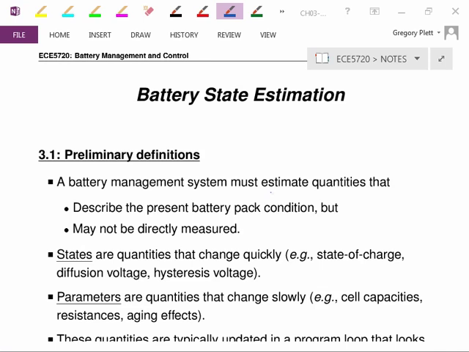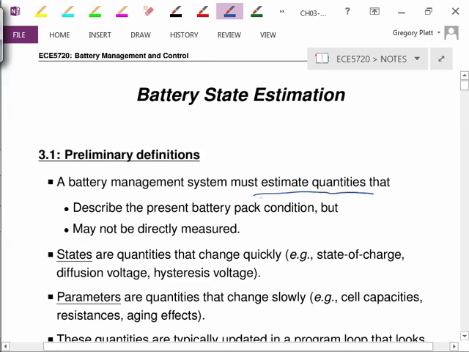We've seen already in chapter 1, when we looked at the functions of a battery management system, that one of the important functions is to be able to estimate certain quantities that are cell related in the battery pack that somehow describe the battery pack condition, but for which we have no means of measuring them directly.